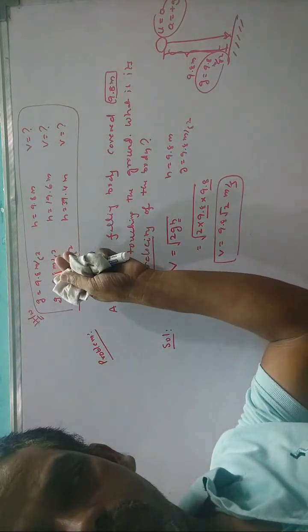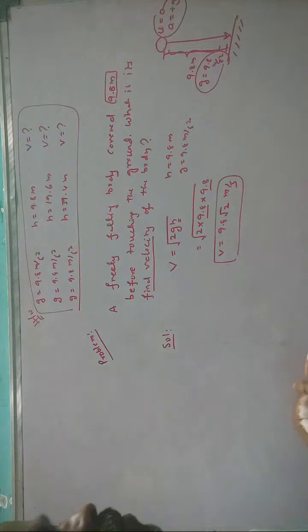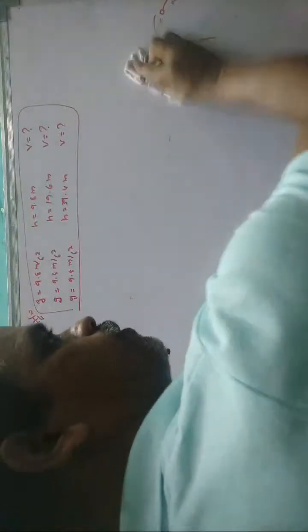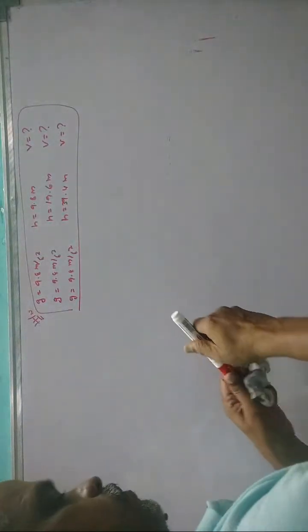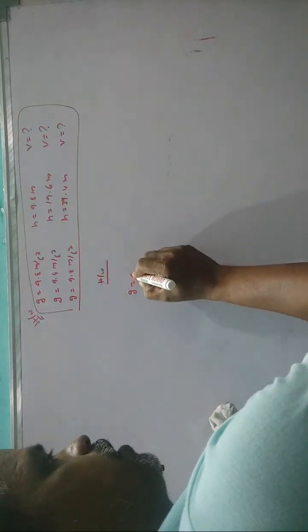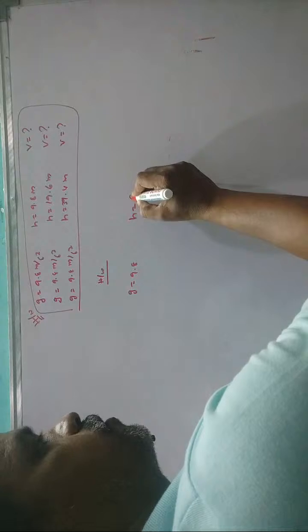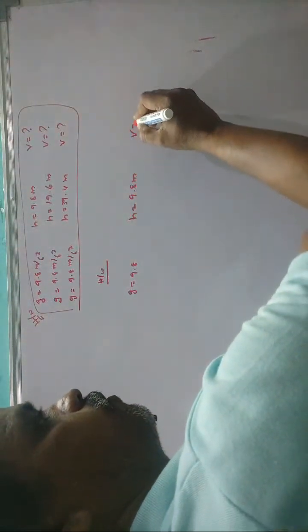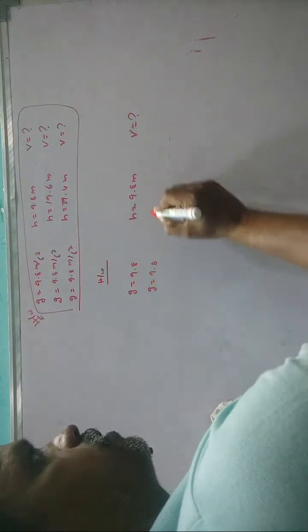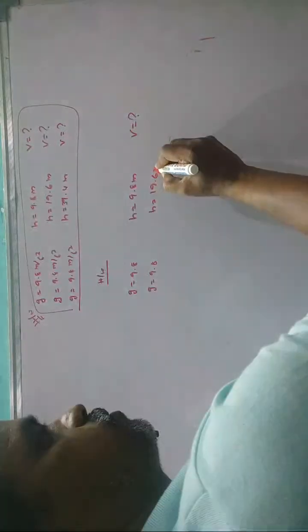Not visible, this one. Okay. Writing here: g equal to 9.8, h equal to 9.8 meter. What is v? g equal to 9.8, h equal to 19.6 meter.